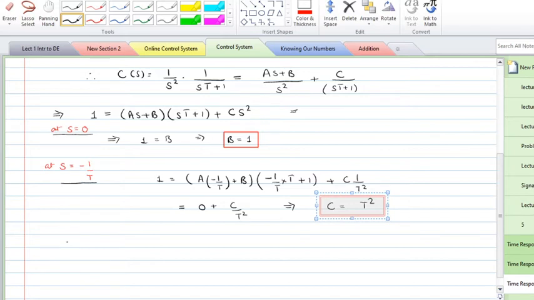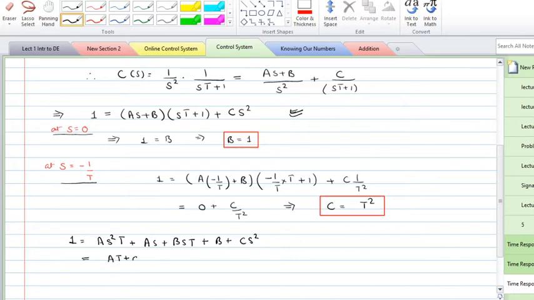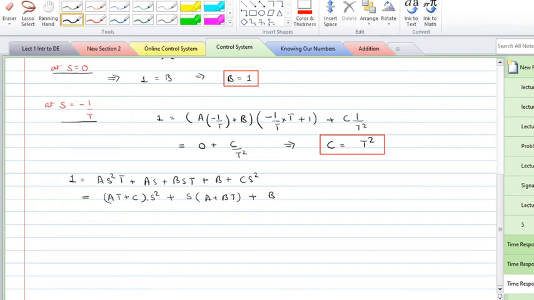And for third value, if we solve this equation, then 1 equals to A s square T plus As plus Bs T plus B plus C s square, combining the square terms, that is (AT plus C) s square plus s times (A plus BT) plus B. Comparing the coefficients of s square and s both sides, this will give you A is equal to minus T from this term.